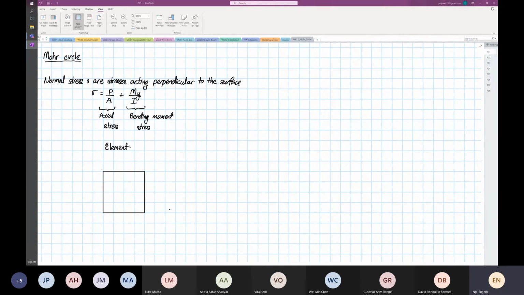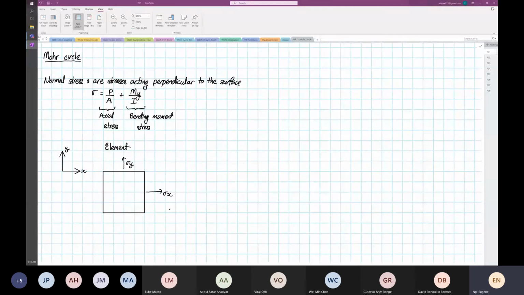So if we were to draw our transformation, okay, wrong direction. So we draw a transformation. This will always be our x, and that will always be our y. On an element, if you see an arrow going this way, this is known as stress x, and this is known as stress y.